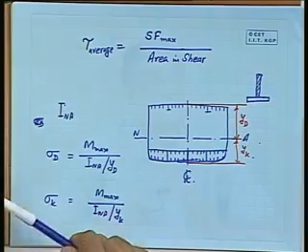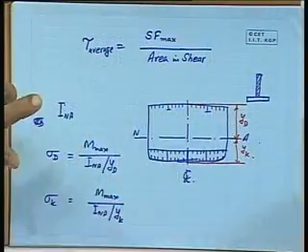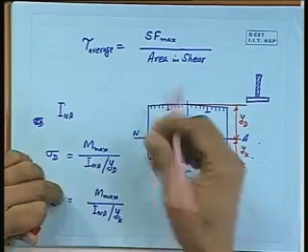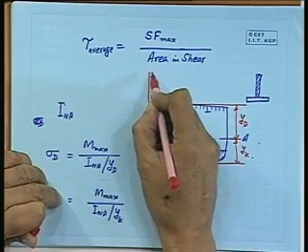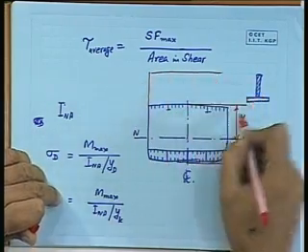This is the reason why people say that a superstructure, by definition one which is 40% of the length or more, extending from side to side, should be avoided in a ship, because the number of tiers will add on to this YD. If you have some superstructure here extending, let me draw it with a different color, suppose I add 3 tiers here.